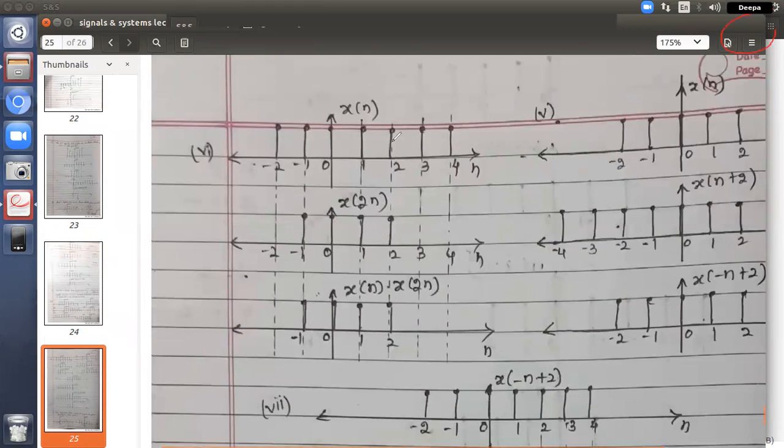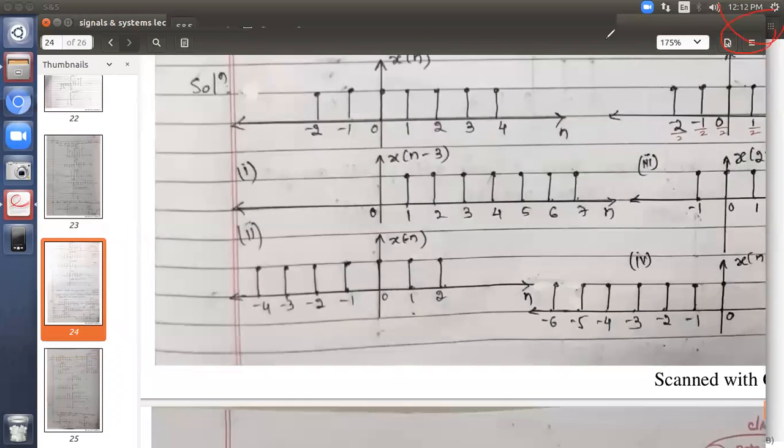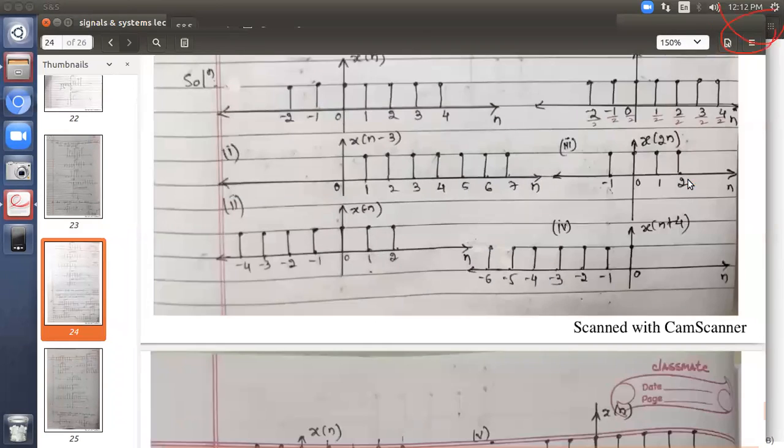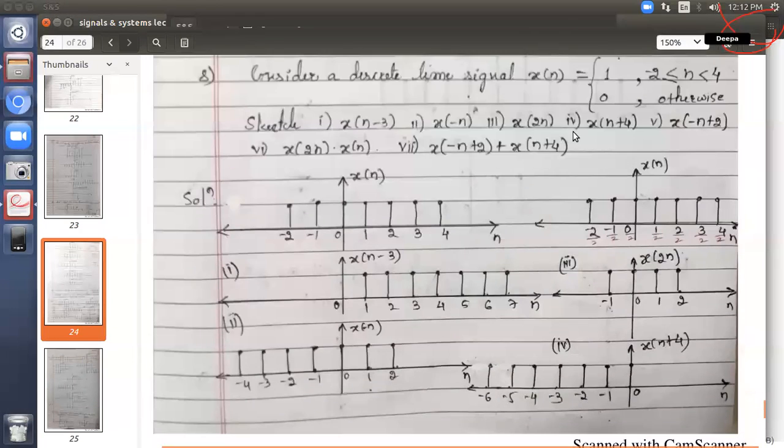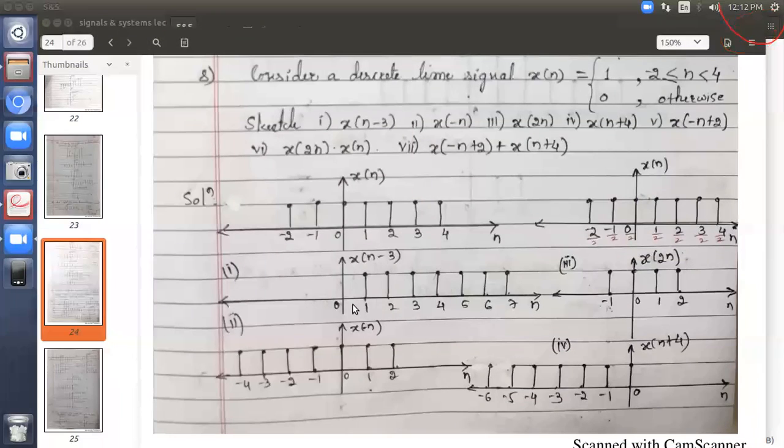Let me take one more problem till this. The next problem is, okay, first internal portion you want.